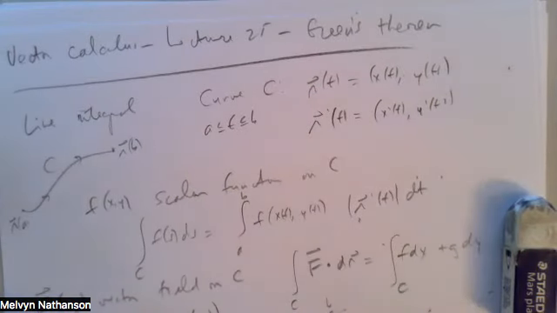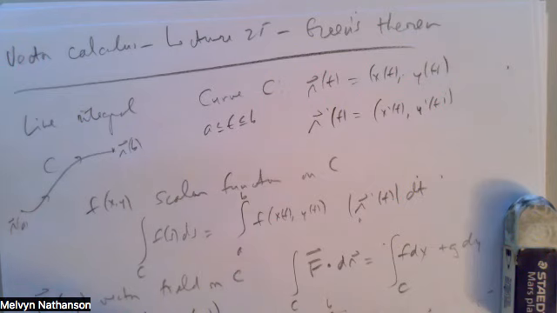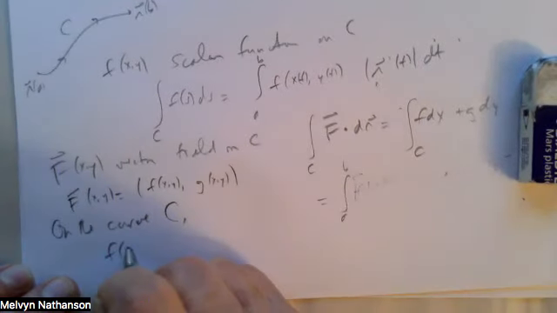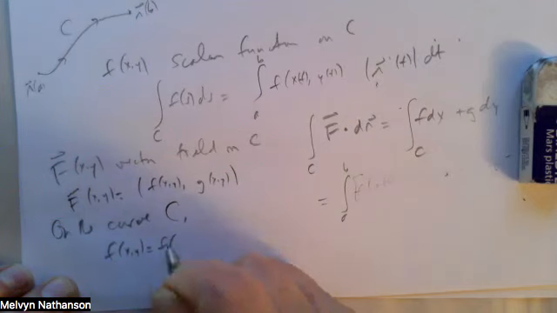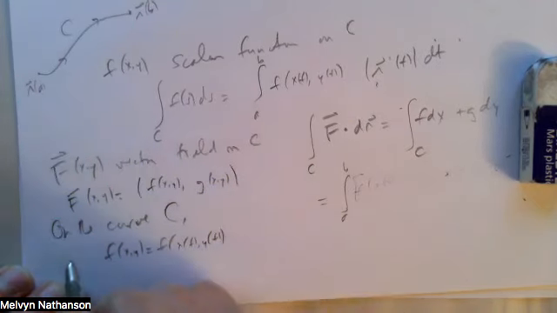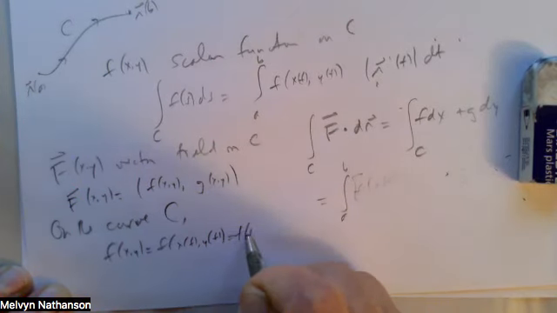So on the curve C, f of x y is f of x of t, y of t, which I simply write as f of t.